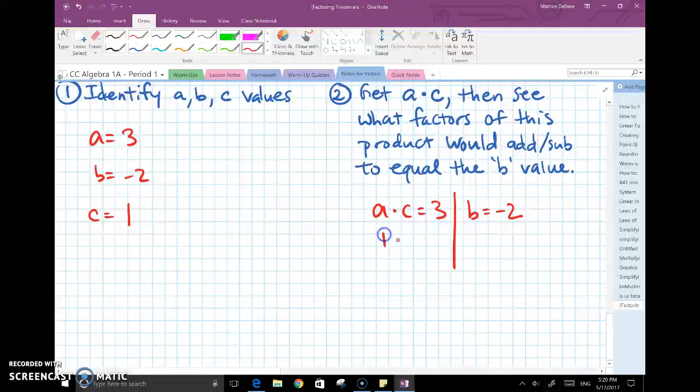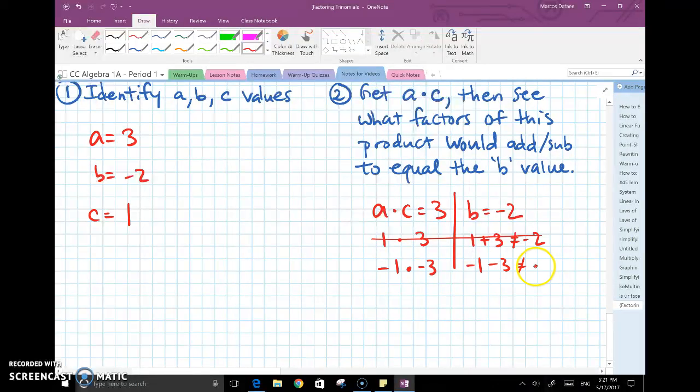I know that 3 is a product of 1 and 3. It's also a product of -1 and -3. Now I need to test these numbers, so here I go. 1 plus 3. Oh man, that's not equal to -2. So this is out. -1 minus 3.